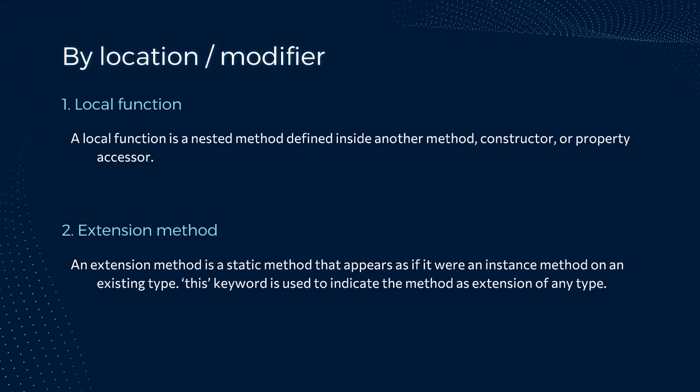Let's say I want to extend this type, to calculate a square. I have a number 4 and I want to calculate its square. I need to multiply it by itself.